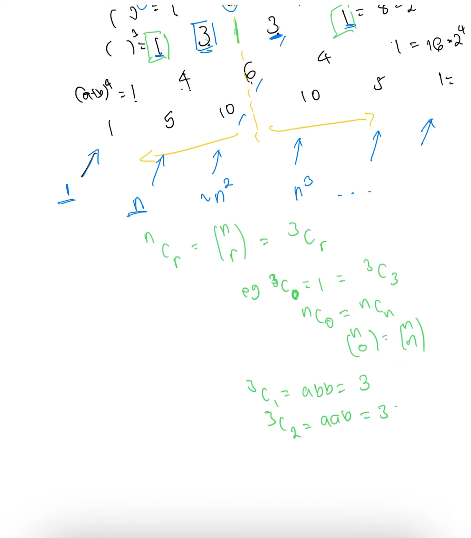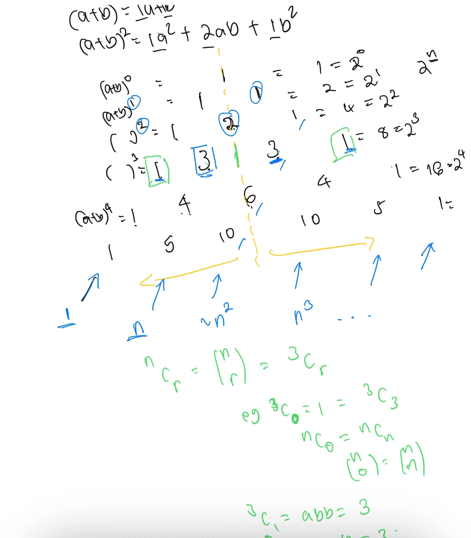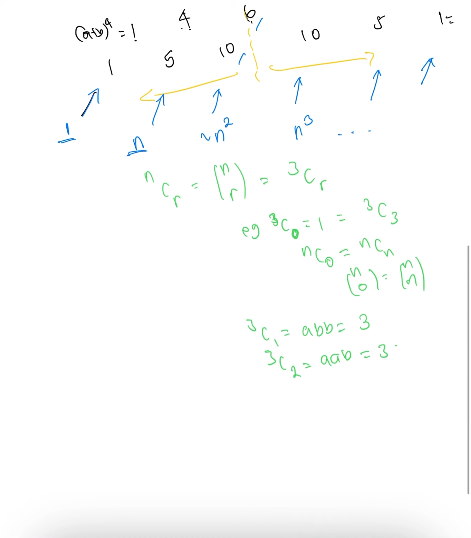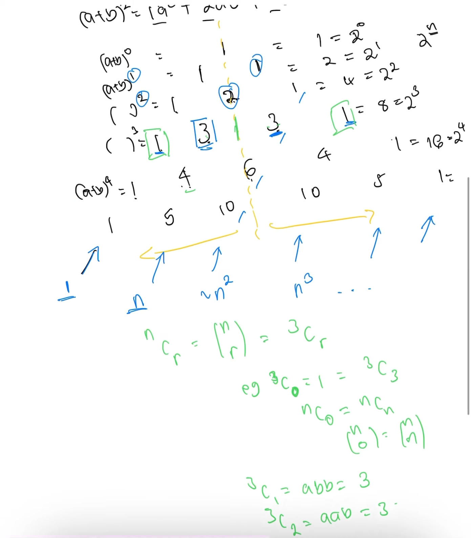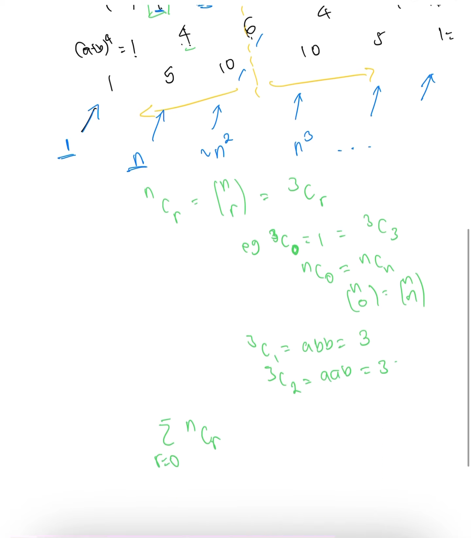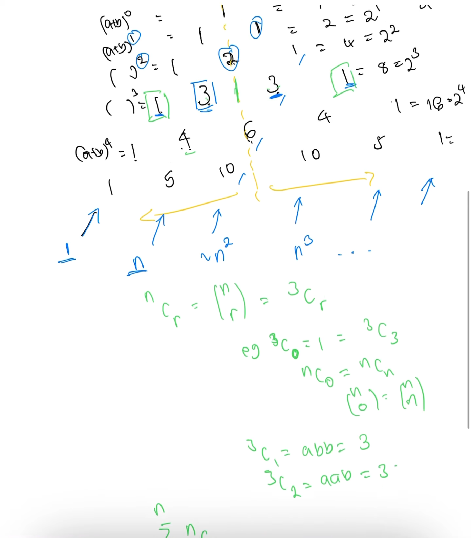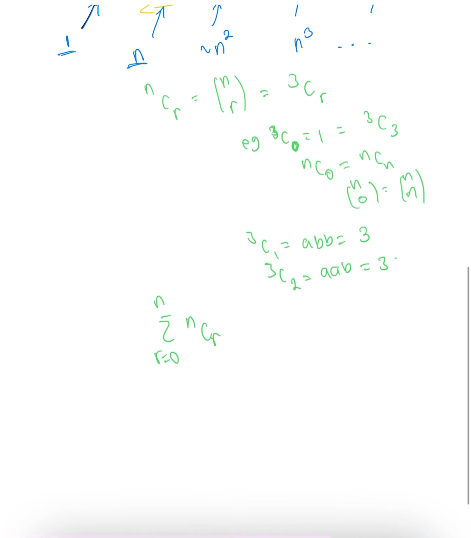Last but not least, we know that the sum of these rows is 2 to the power of n. So if we know how to write down an expression for each of these terms, which is n choose r, then if I sum n choose r, starting from r equals 0, which is the first term and is always 1, all the way to n, because it goes up to n, this has to be equal to 2 to the power of n.